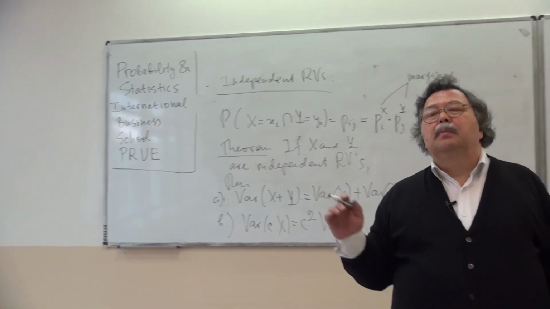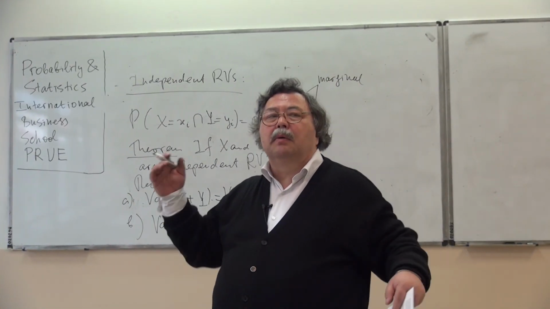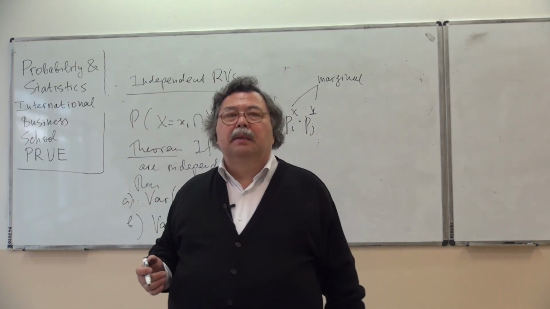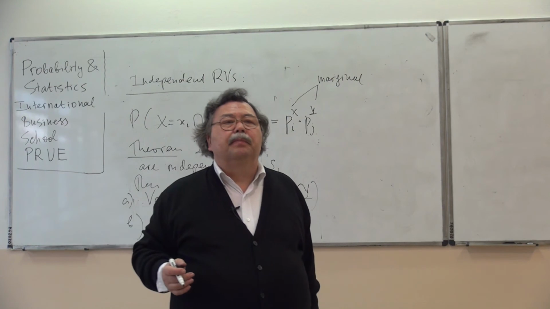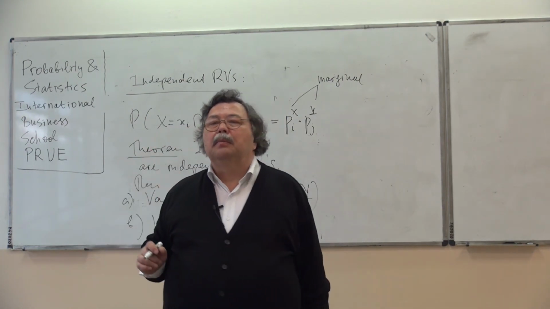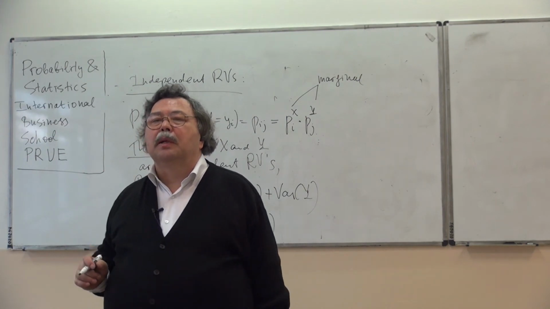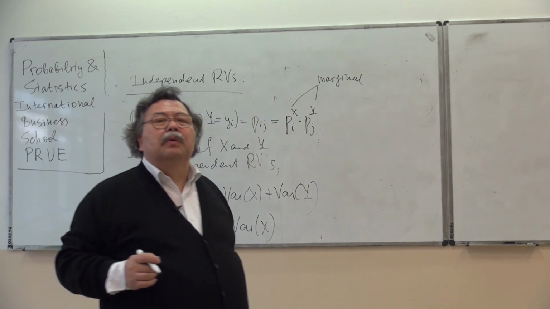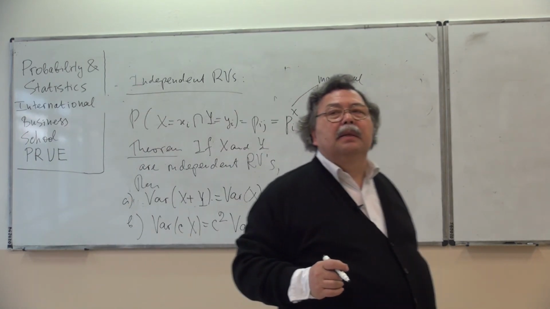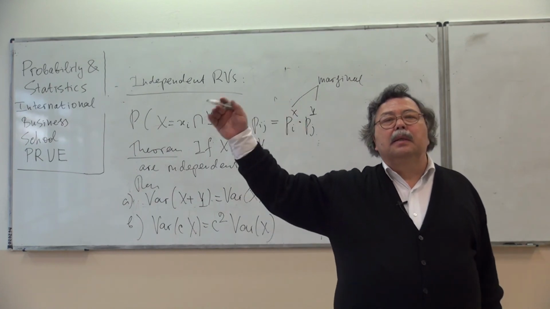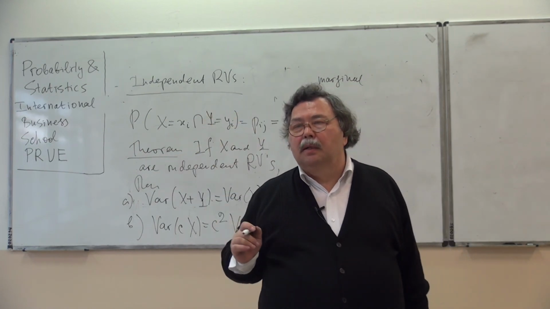Well, why? Let me give you an example of how random variables can be dependent. For example, some time ago we introduced the uniform random variable, and the example that I provided was the waiting time till the next train arrives in the underground.